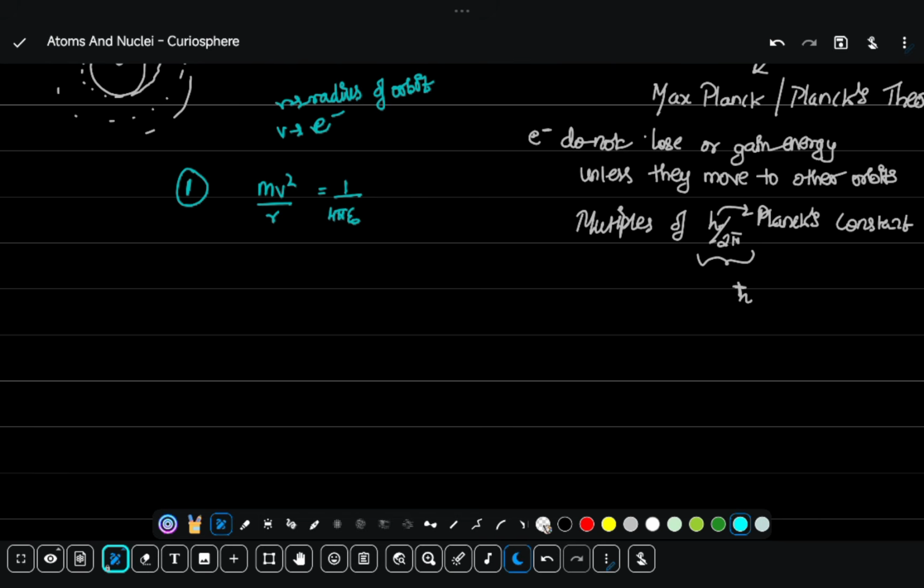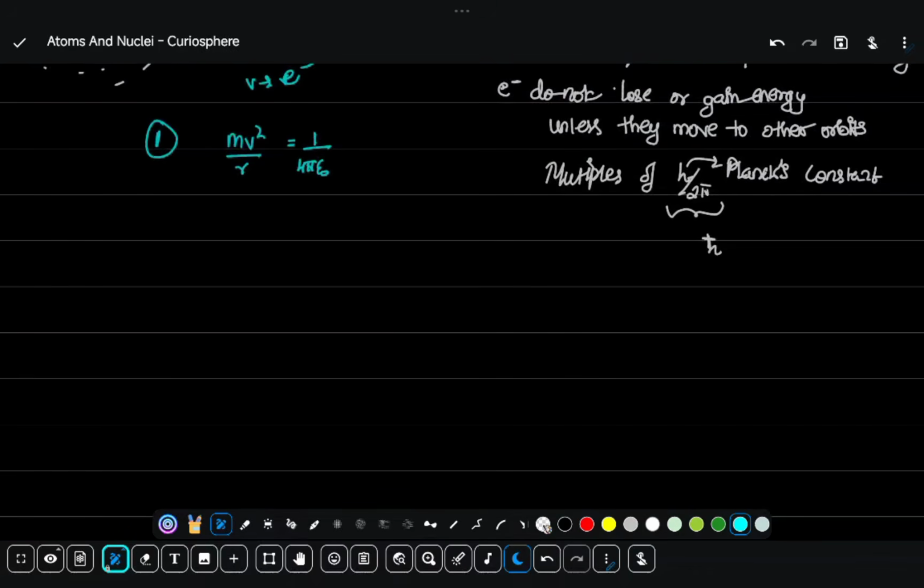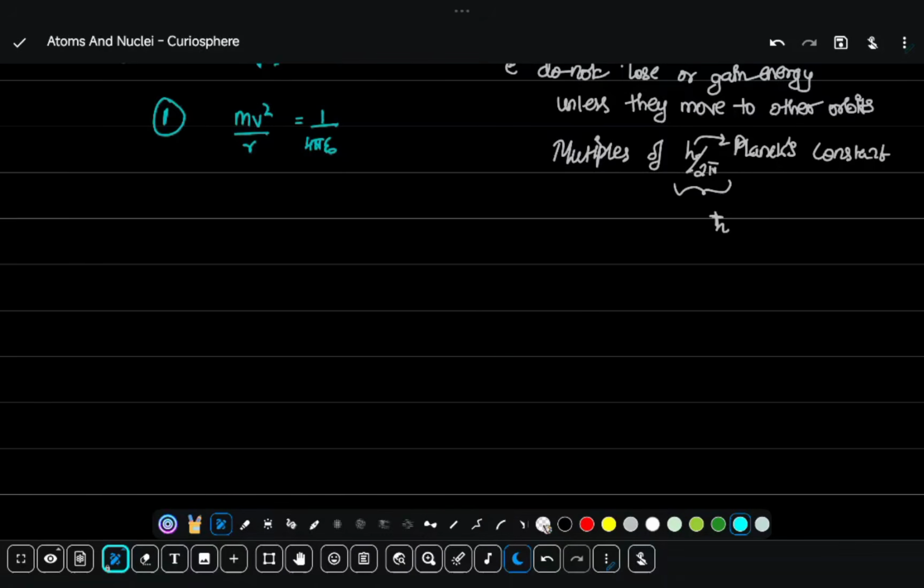Remember Coulomb's law? kq squared by r squared, where k is nothing but 1 by 4 pi epsilon naught. And here the charges of proton and electron are the same.